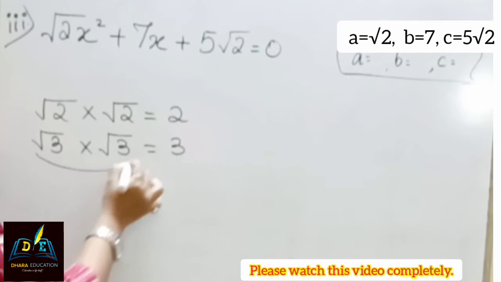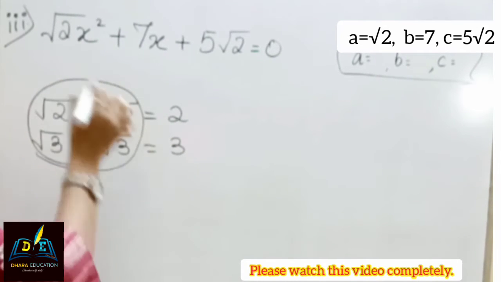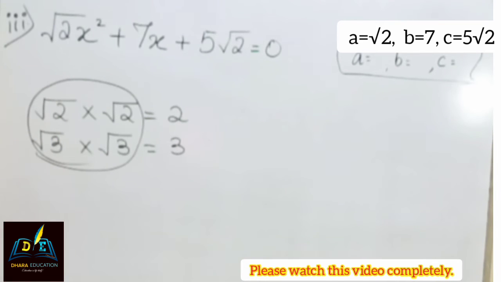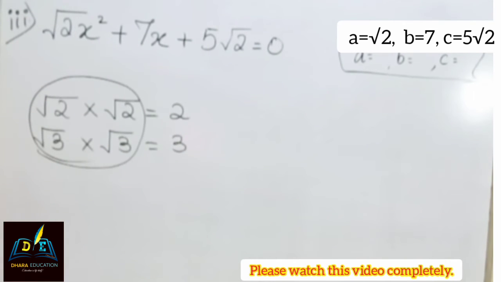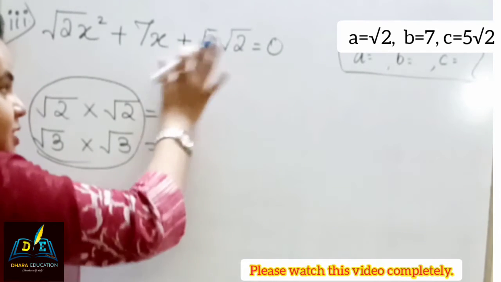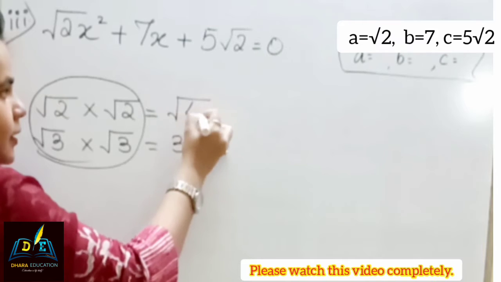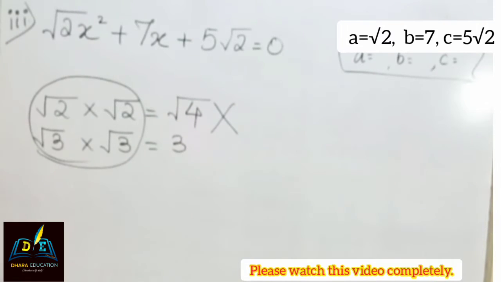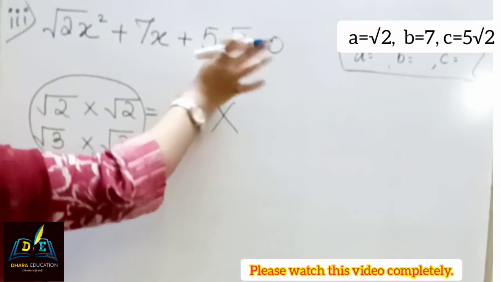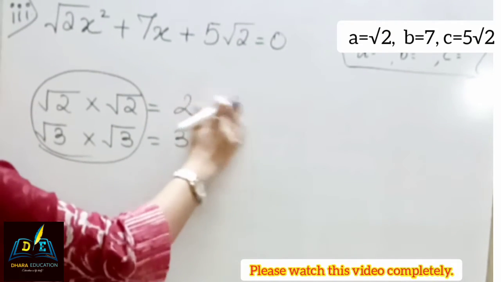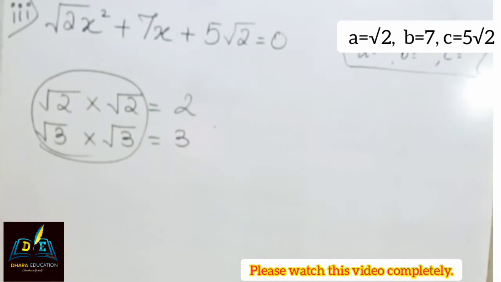So you need to make this very clear in your mind. Root 2 multiplied by root 2 gives you only 2. Don't get confused, and never write 4 instead of that. If you write that, it is absolutely wrong. Root 2 multiplied by root 2 is exactly 2, nothing else. Am I clear?